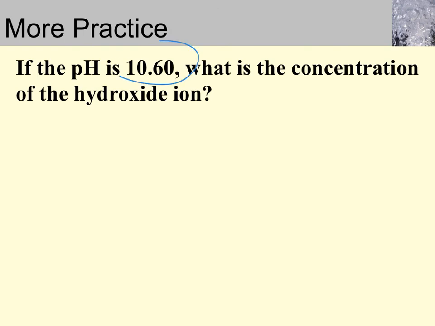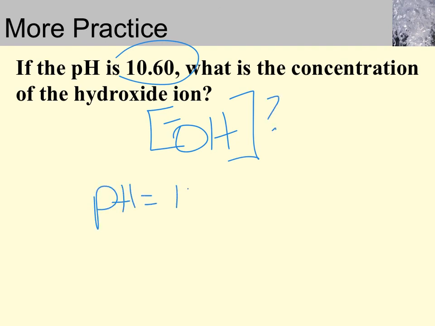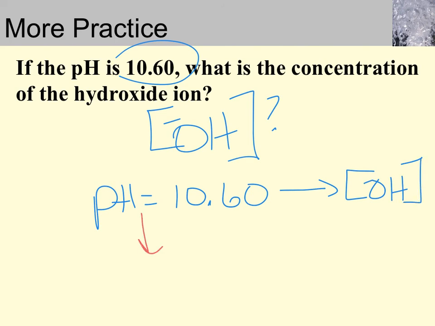If I give you a pH, if it's 10.6, which is basic, what is the concentration of hydroxide ion? So I recommend turning the video off and working it out yourself. You might even ask yourself, what are the two different ways I can work this out? Well, if you're starting with a pH of 10.6 and you're trying to get to the concentration of hydroxide ion, the two paths you can take would be first convert to pOH, right?